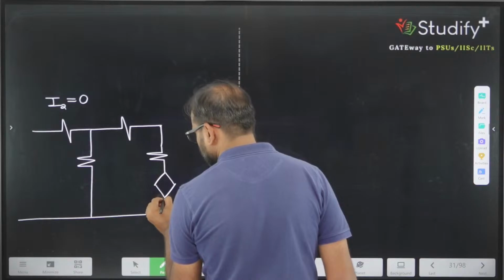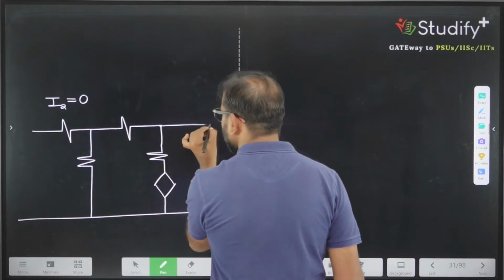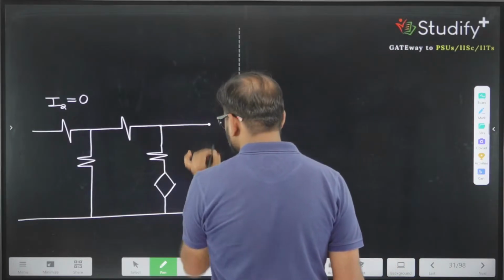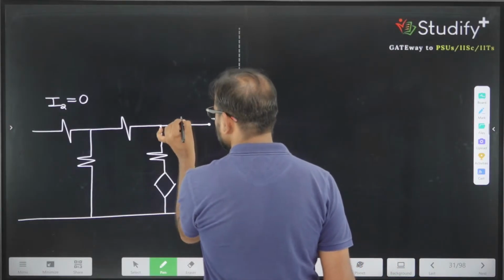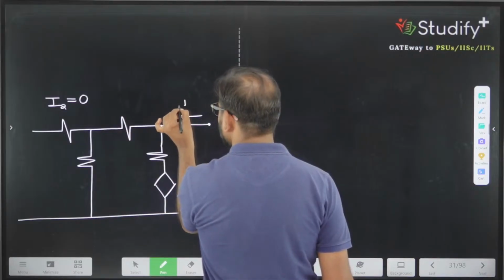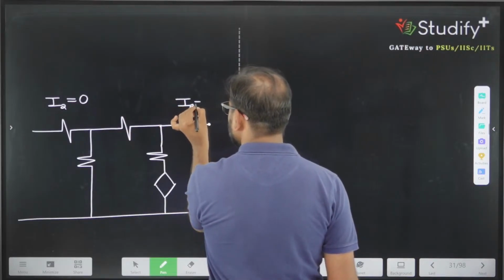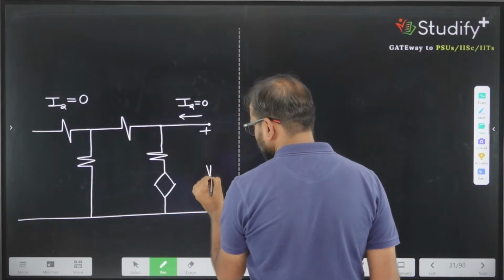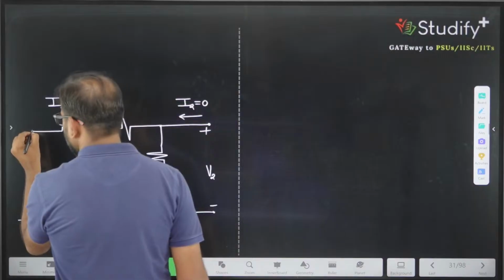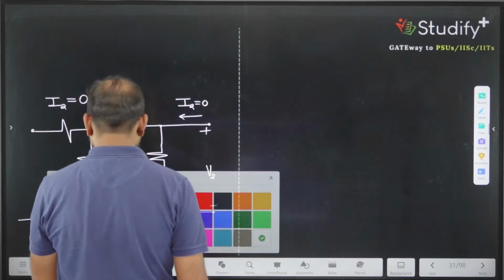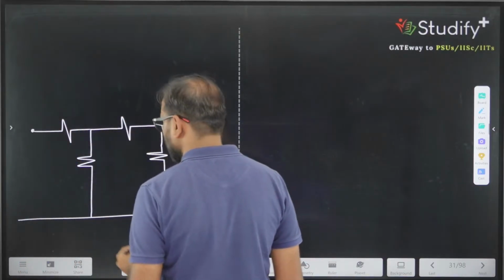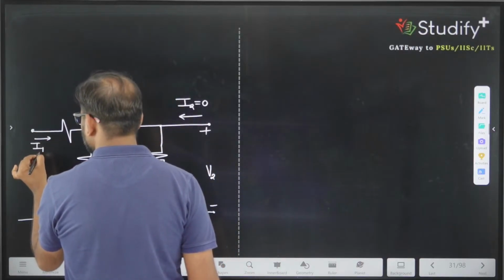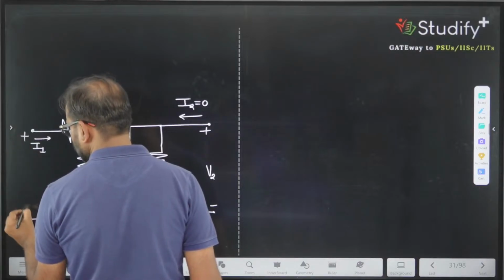Then we have one dependent source. And what we are saying in this network is that the current entering from port number 2 is equivalent to 0. I am making this current 0. And we are calling this current I1, and we are calling this potential V.